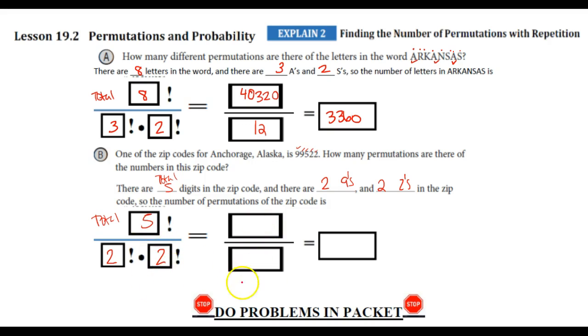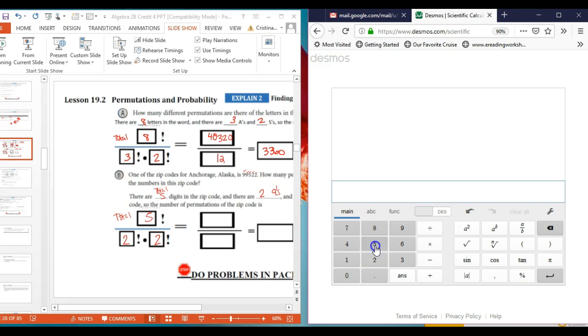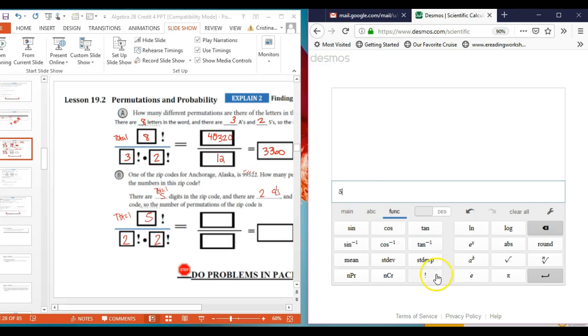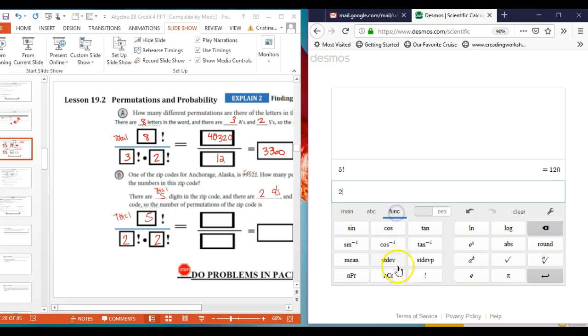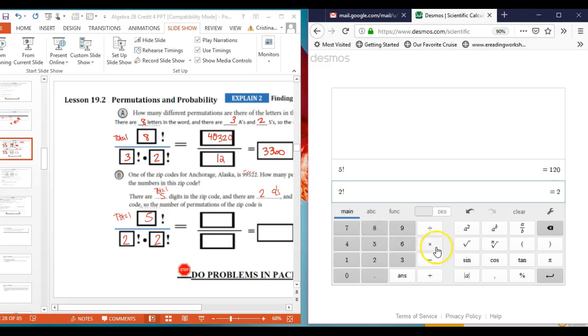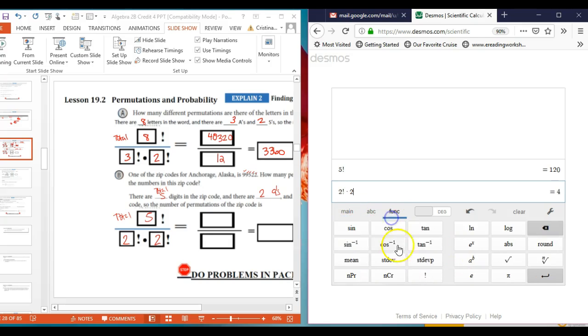So let's go ahead and work this out using our Decimals calculator. That would be 5, again using my function key, factorial. It's about 120. And then 2 factorial times 2 factorial would be 4.